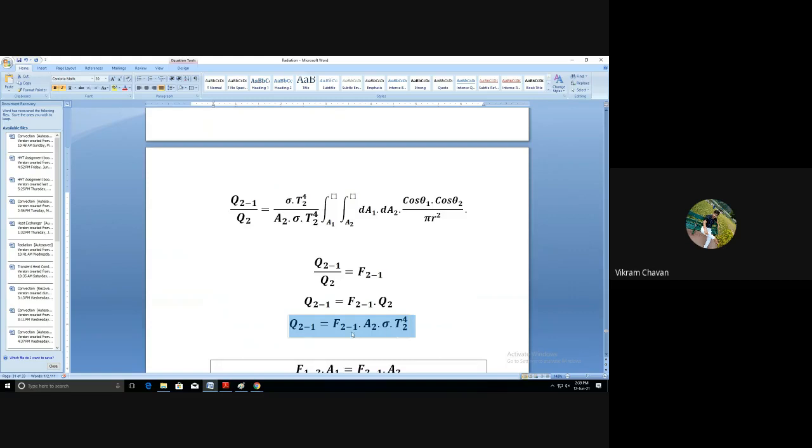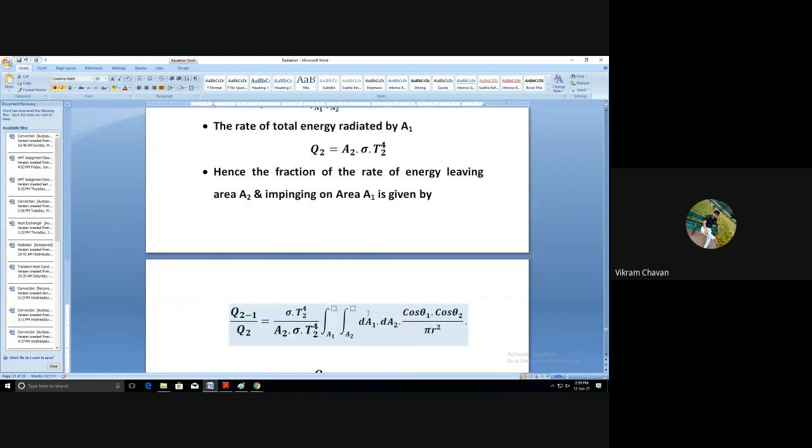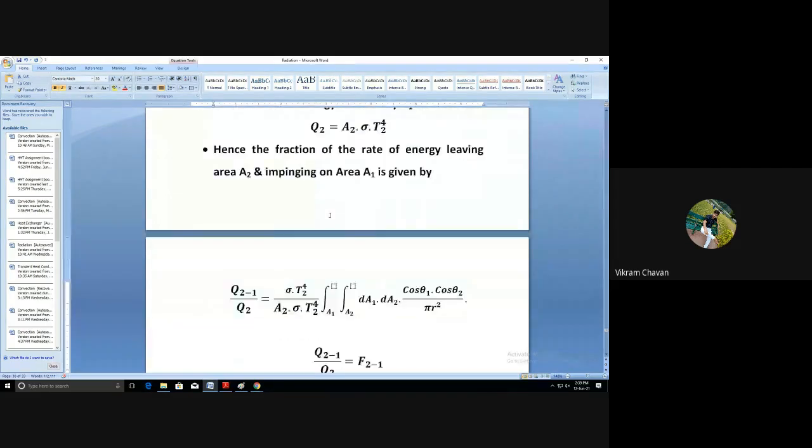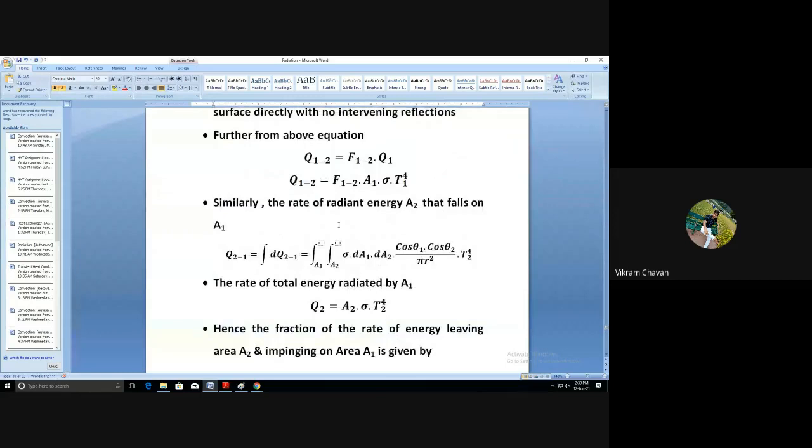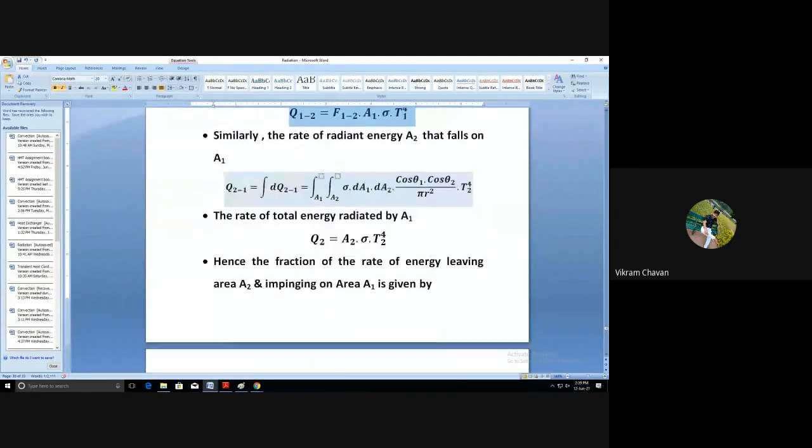Okay, and further, from this equation, where we have Q2→1, we get F2→1 multiplied by A2 multiplied by sigma multiplied by T2 raised to 4, and for Q1→2 we have got F1→2 multiplied by A1 multiplied by sigma multiplied by T1 raised to 4.